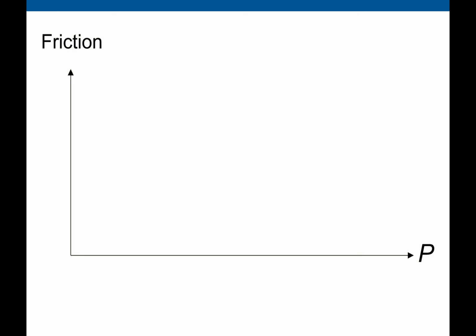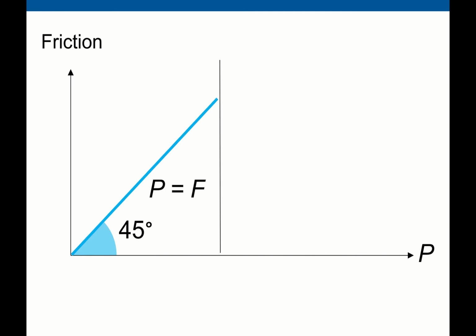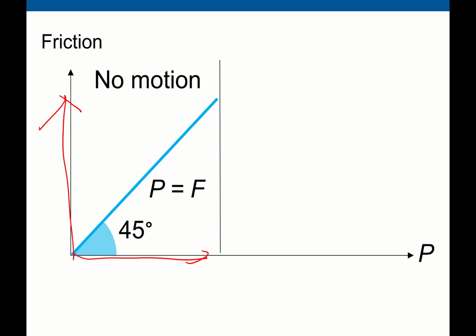So here we have a simple chart. The x-axis shows your pushing force, and the y-axis shows frictional force. If the pulling force and the frictional force are equal, they are the same at 45 degrees, which means the increment is the same. Then there is no motion.